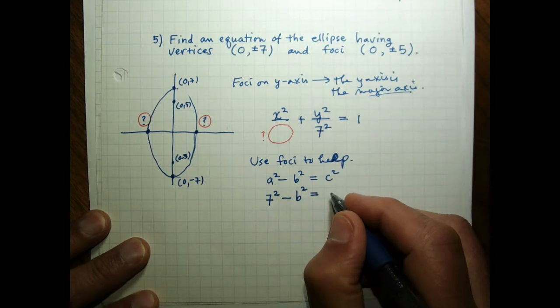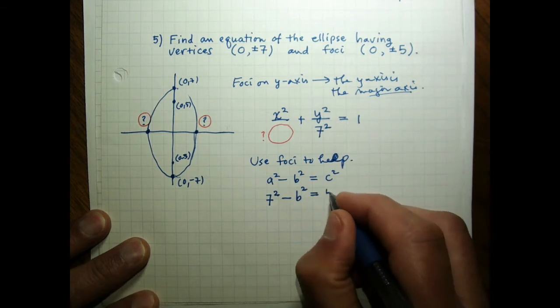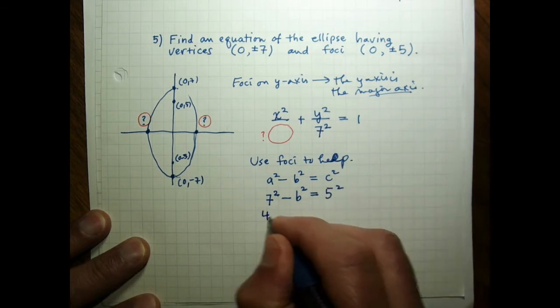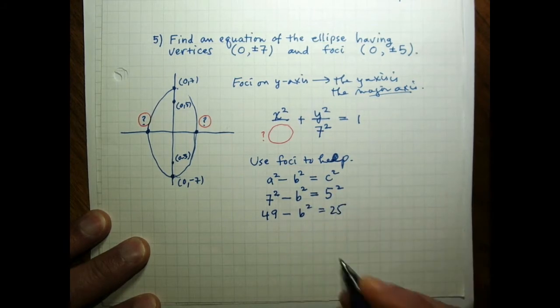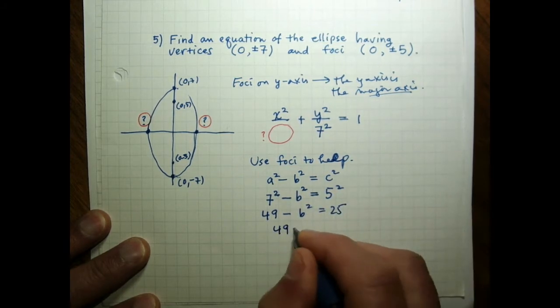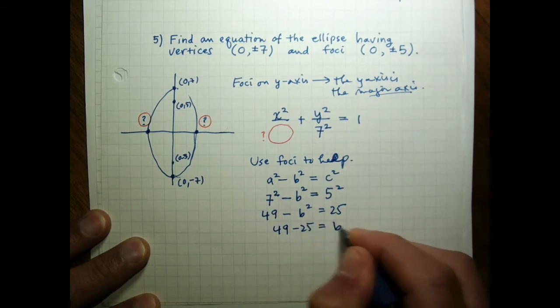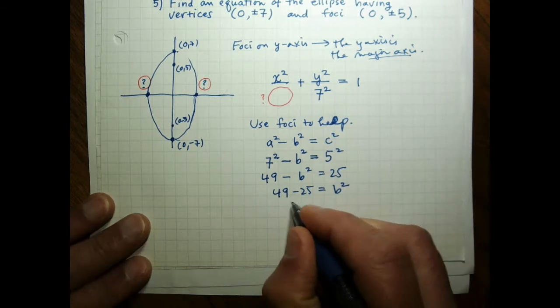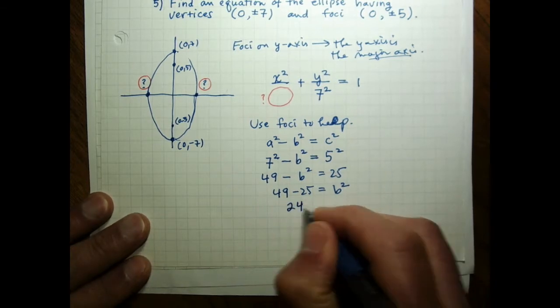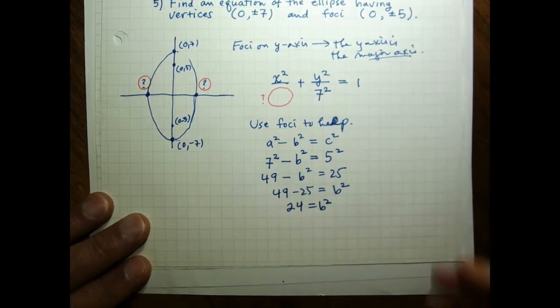So 7 squared minus b squared is 5 squared. That's 49 minus b squared equals 25, or 49 minus 25 is b squared after we do some rearranging. 49 minus 25 is 24, so b squared is 24.